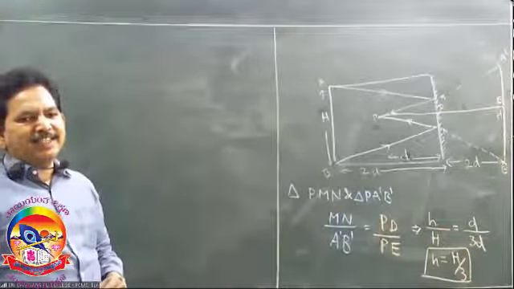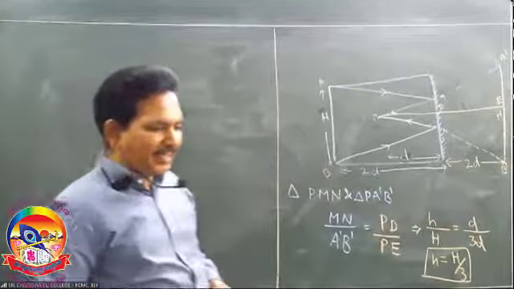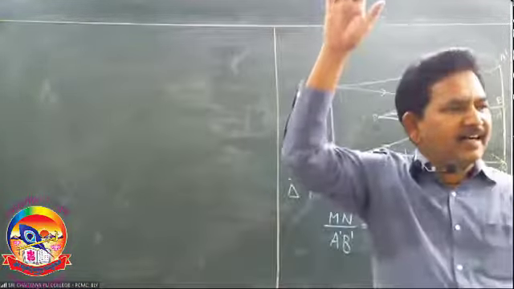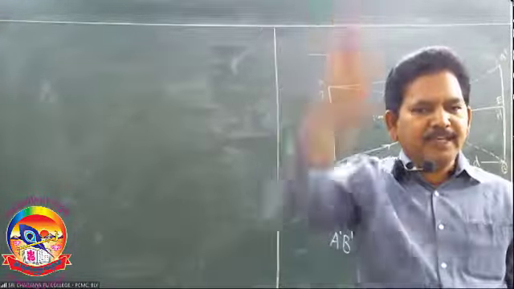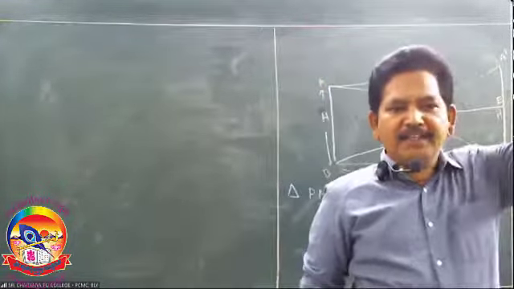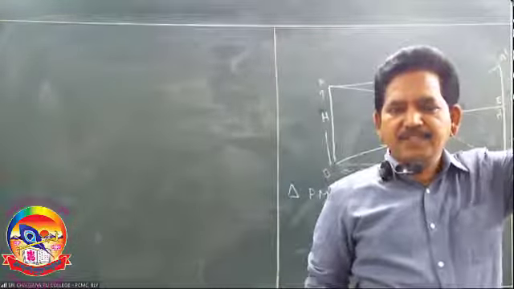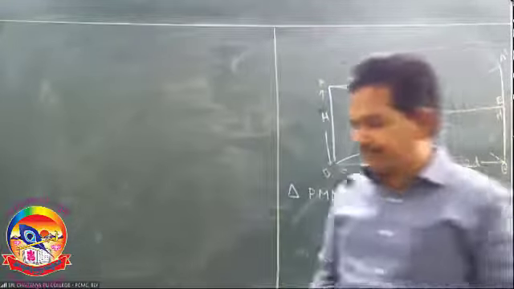Laterally the image is inverted means what? If we raise the right hand in front of the mirror, it appears to be left. If we raise the left hand, it appears to be right. Sidewise, the image is reversed.